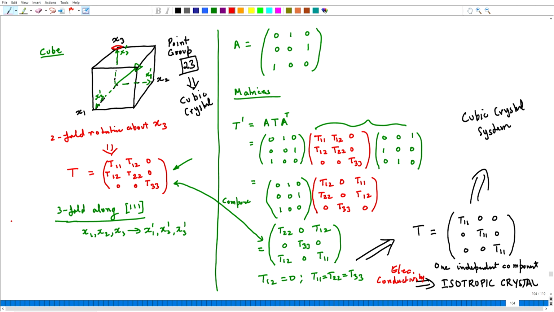Now, there are other point groups as well for the cubic crystal system. I could have had the following situation.